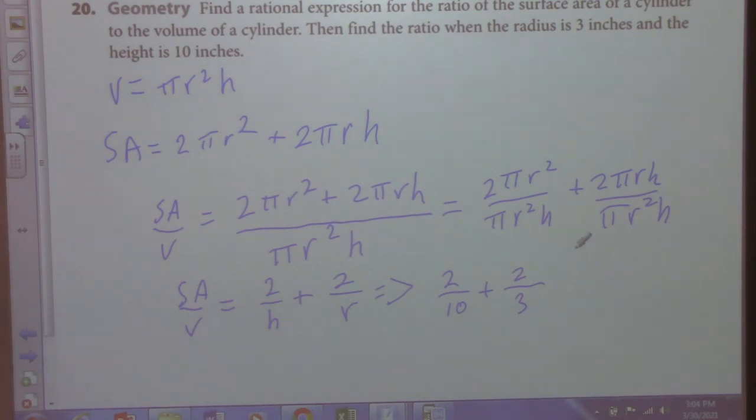So what is that going to be? 13 fifteenths. So we have the rational expression, and then we plug these in and we get this.